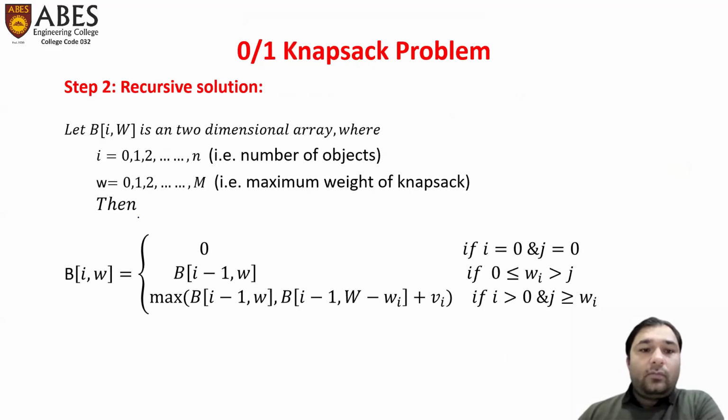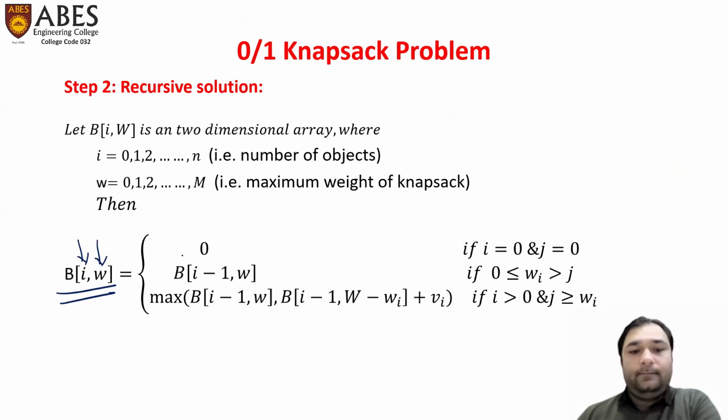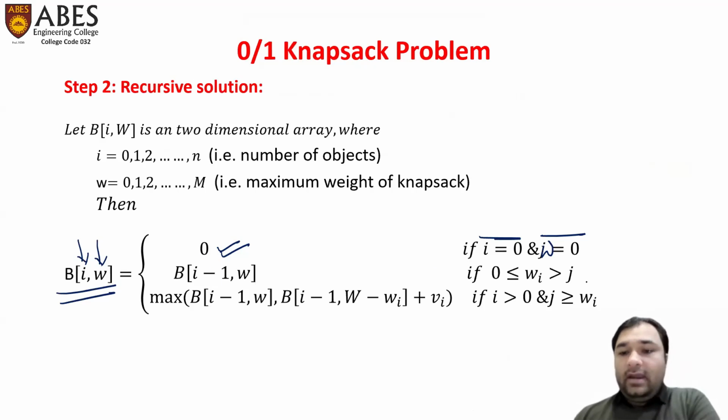During the recursive formulation, it has been defined as B[i, W], where i stands for the item and W stands for the weight. If i or W equals 0, then it will simply be 0. If the weight of an item is greater than the capacity of the knapsack, then it will be the previous value.